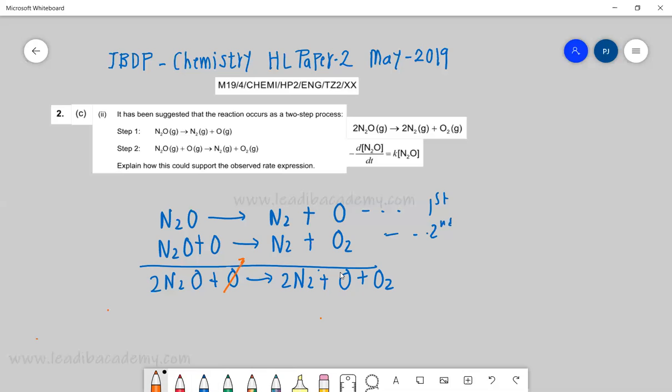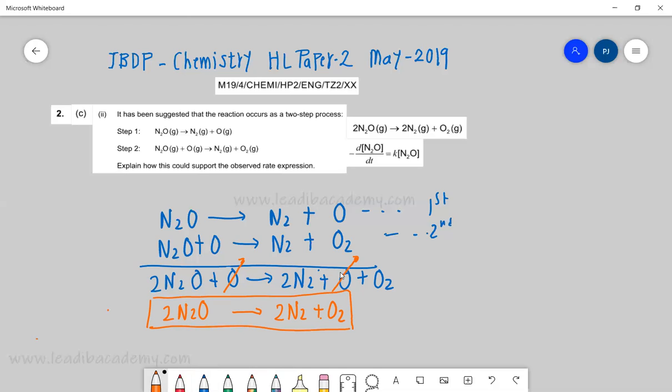Obviously this nascent oxygen was an intermediate product. So what is left now is this, which confirms our reaction.